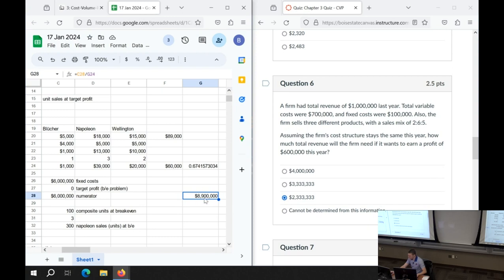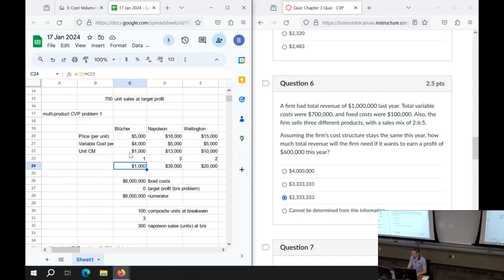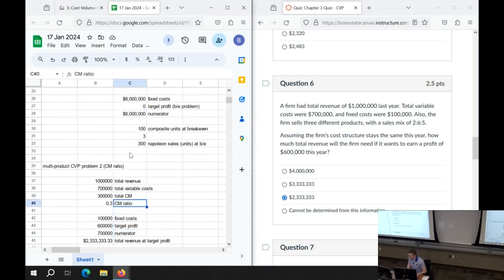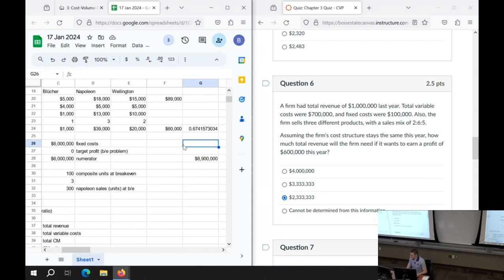Yeah, so this includes enough to pay for the variable costs and then 6 million left over to pay for the fixed costs. But I don't want to get distracted too much further trying to make that all look lovely. The point of it is we can get that number without having to go through all these columns. I present those problems.